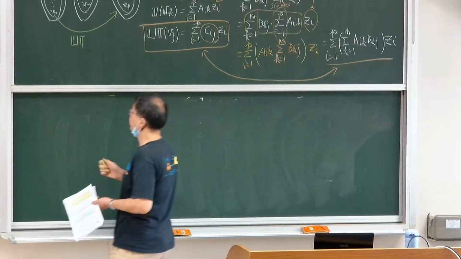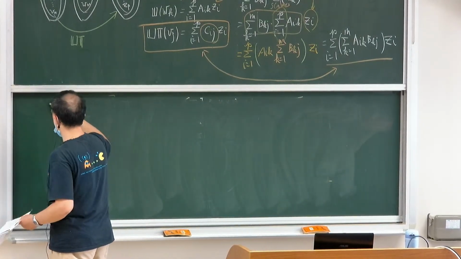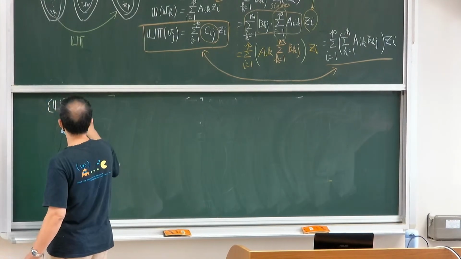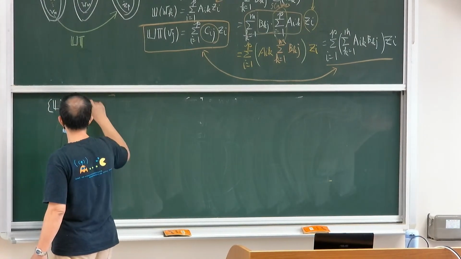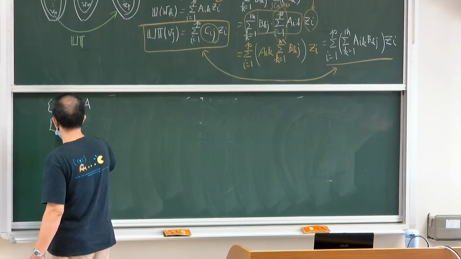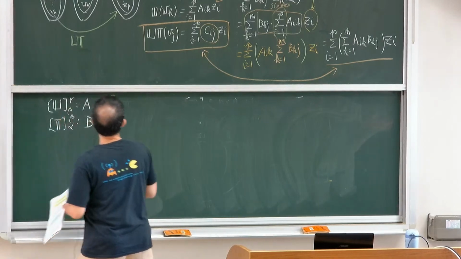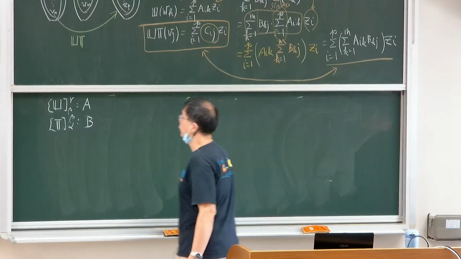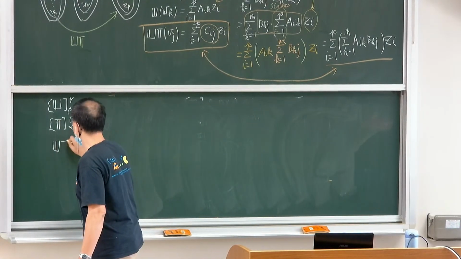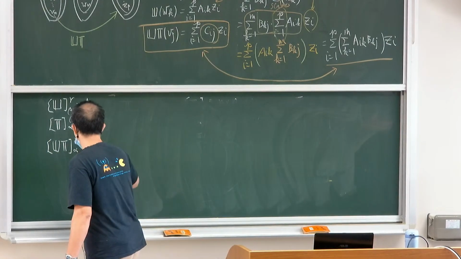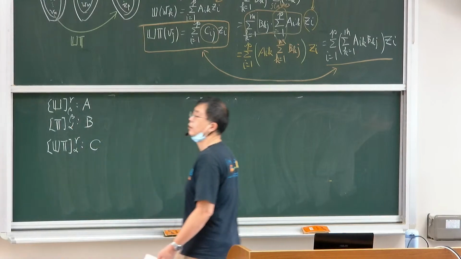because we express U from beta to gamma as the A matrix, T from alpha to beta as the B matrix. And also right now I have UT, that is from alpha to gamma, that is the C matrix.